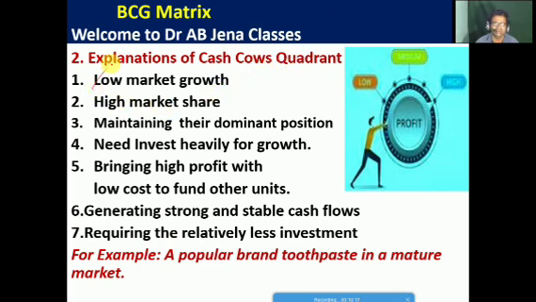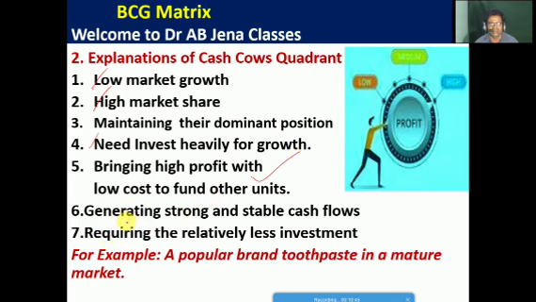First, there will be low market growth and high market share, maintaining their dominant position. Here the business does not need heavy investment for growth. This quadrant brings high profit with low cost to fund other units, I mean product units.